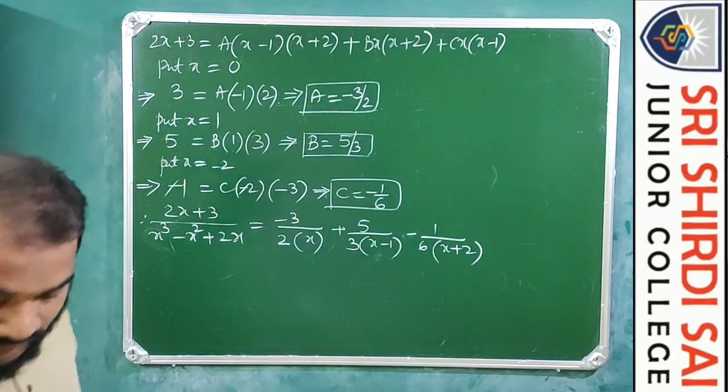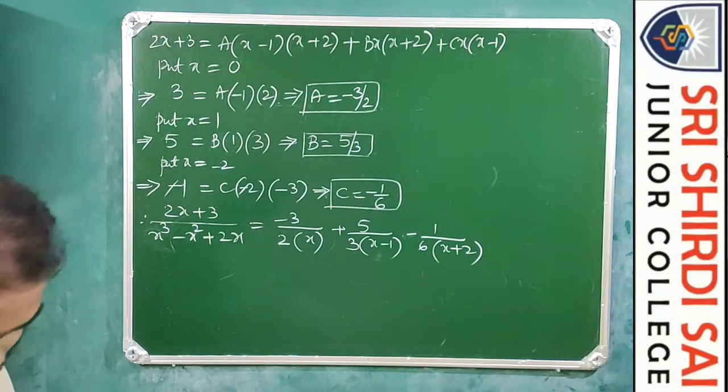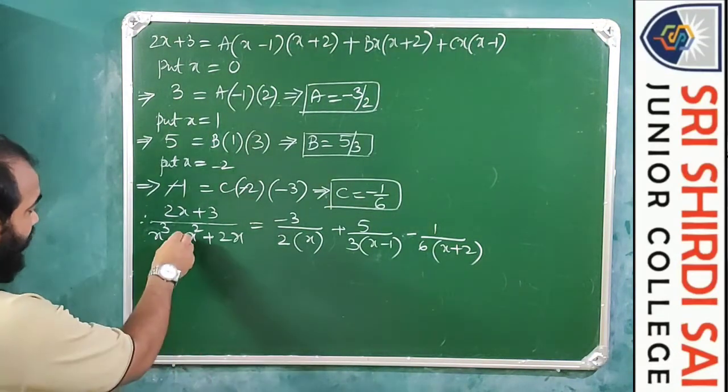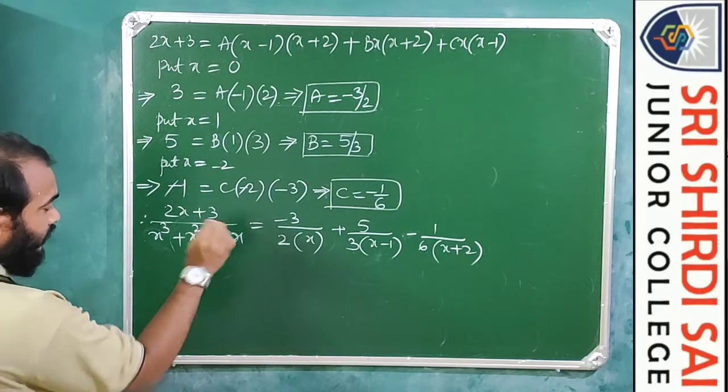So this is what we have got, x cube plus x square minus 2x.